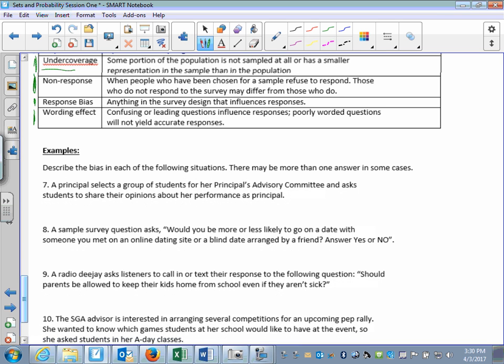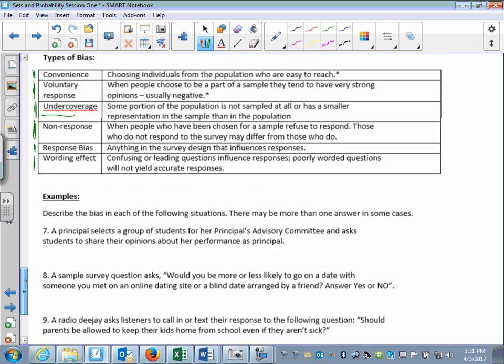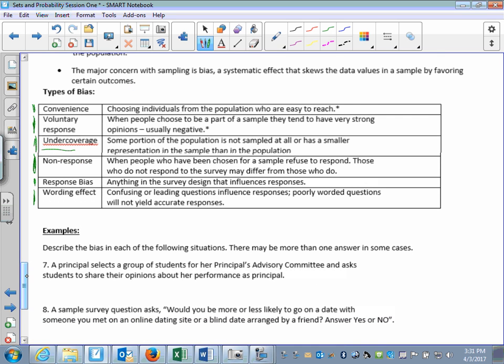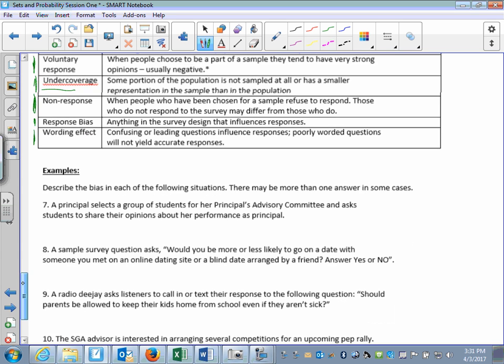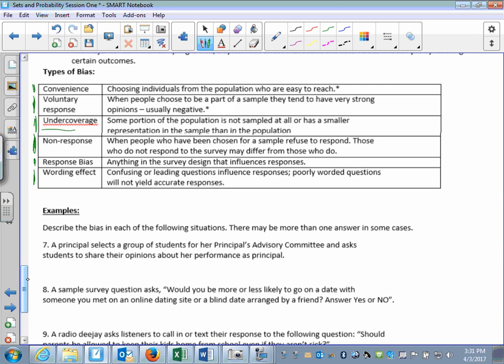Number 9, a radio DJ asks listeners to call in or text the response to the following question. Should parents be allowed to keep their kids home from school even if they aren't sick? Okay, well now, usually if it's a radio show, there will be an audience of a certain type, and so the sample wouldn't be random because a lot of these people would have similar beliefs to what the DJ is saying, so that would be bias, but what would it be?